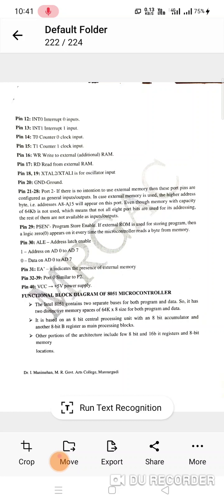EA bar is an active low signal. It indicates the presence of external memory. If 0 is present on that line, it indicates the presence or use of external memory.